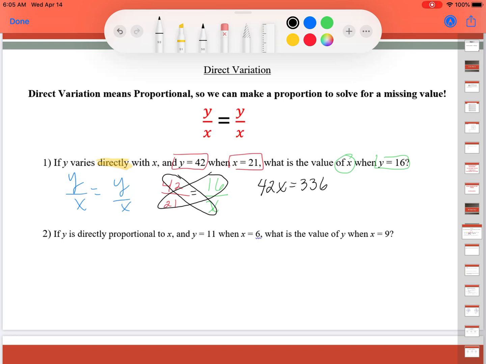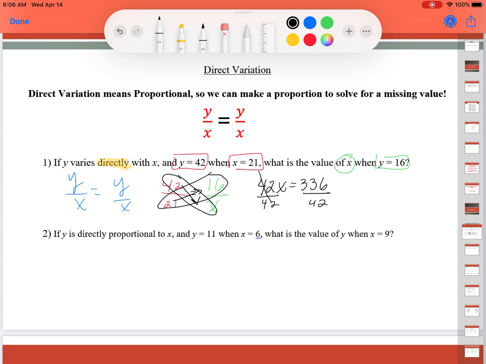Okay, so I did this times this equals this times this. Easy. To get x by itself, this is like saying 42 times x equals 336. So the last step to get x by itself is to divide. I'm going to divide 42 and divide 42.